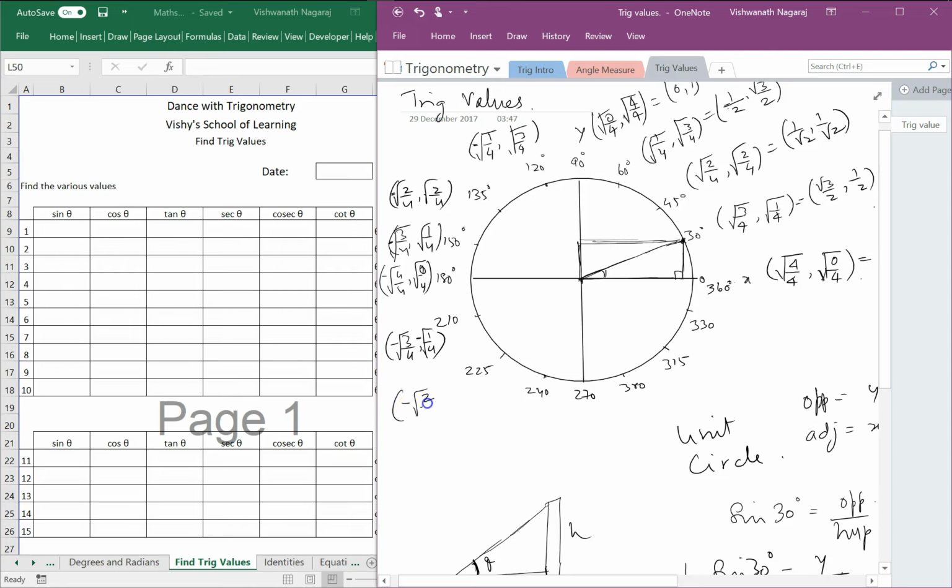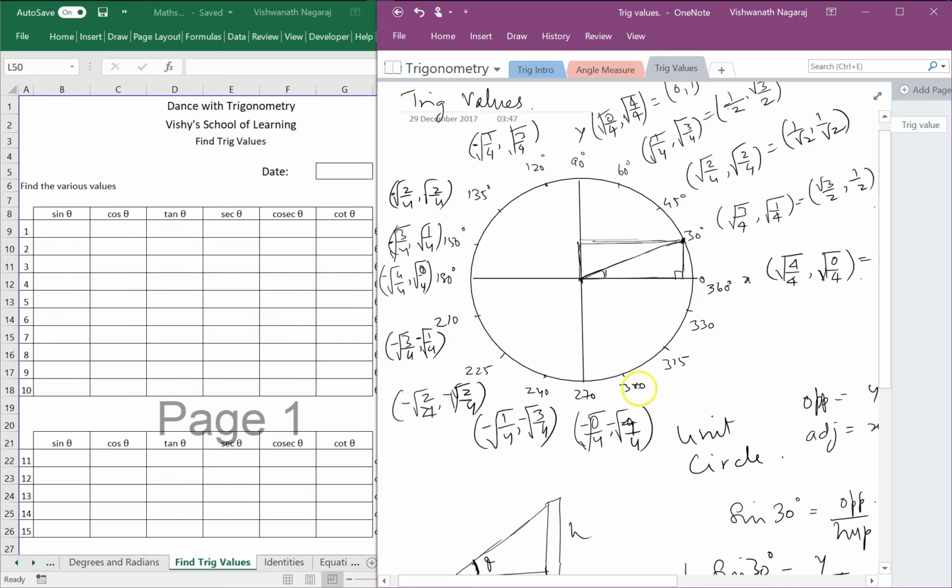Minus square root of 2 by 4 comma minus 2 by 4. This will be what? Minus 1 by 4 comma minus 3 by 4. This will be what? This will be minus 0 by 4 comma minus, see, remember, minus should be outside the root symbol, so minus 4 by 4.